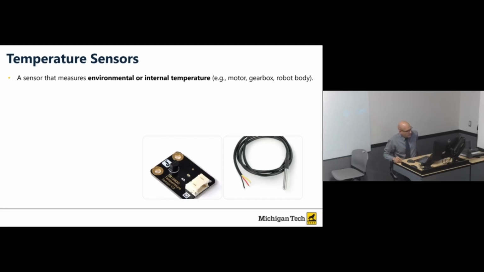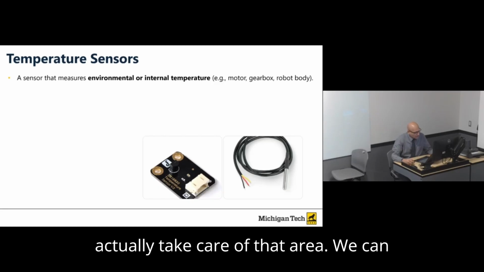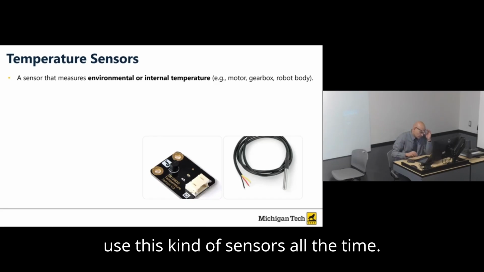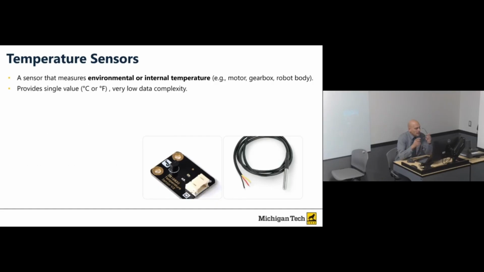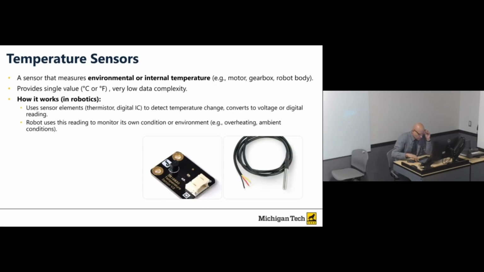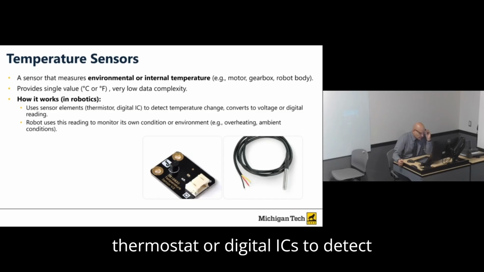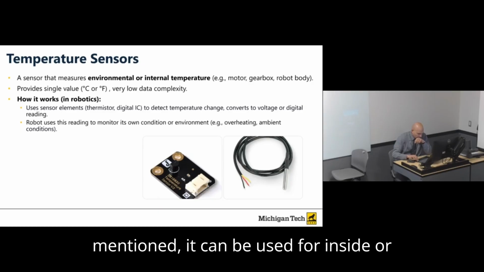If it's not in that temperature, they are not working fine. So we need to always take care of that. We can use this kind of sensors all the time. These sensors just give you very simple information, like a degree. It can be centigrade or Fahrenheit. Very low data complexity. You can directly use it. They use thermostats or digital ICs to detect temperature. And as I mentioned, it can be used for inside or outside.